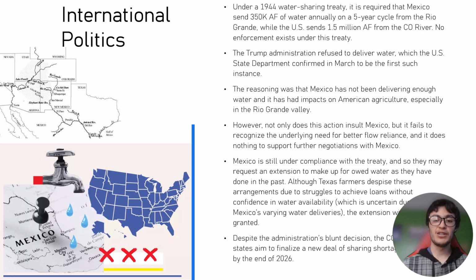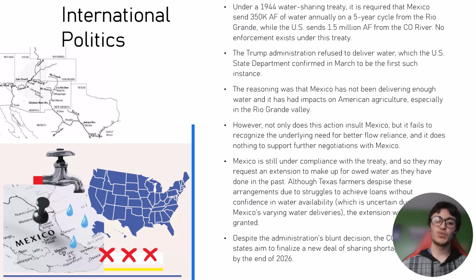And finally, we have our international politics. Under the 1944 Water Sharing Treaty, earlier I hinted at this, Mexico gets 1.5 million acre-feet of the Colorado River water annually. However, every 5 years, Mexico is supposed to send 350,000 acre-feet of water on a 5-year cycle to America through their Rio Grande.